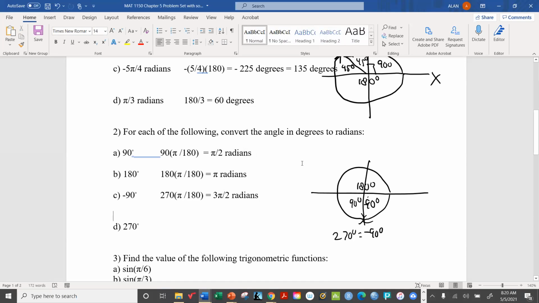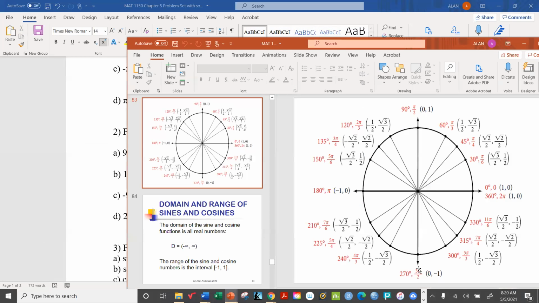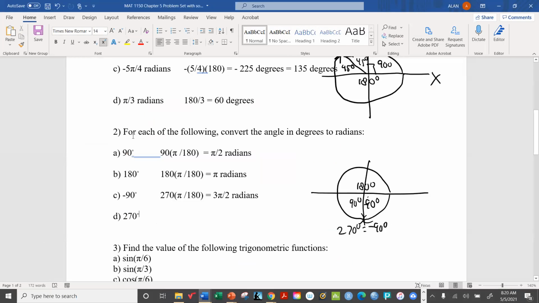And again, why don't we confirm that on our unit circle? So we're looking for a 270 right down here, which equals 3 pi over 2, yes. Okay, perfect. And so now, all of a sudden, look what that means. This one is the same. How do you like that? So those are done. We don't have to do them again.